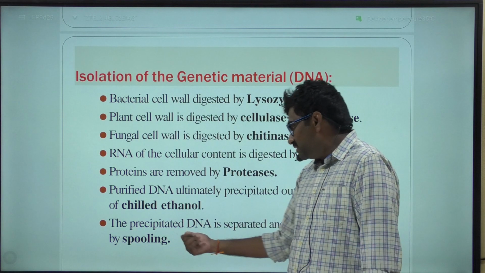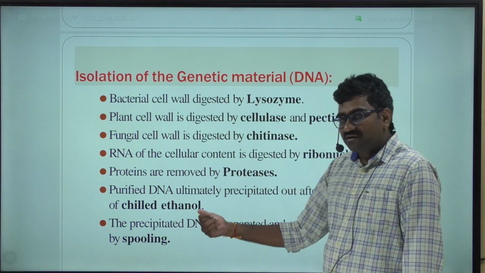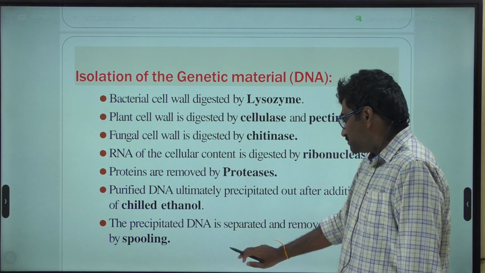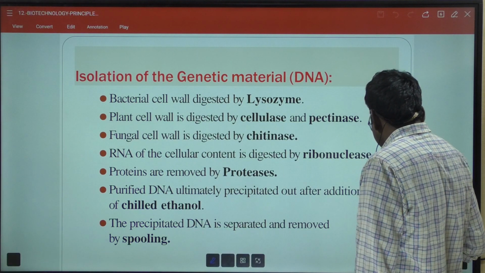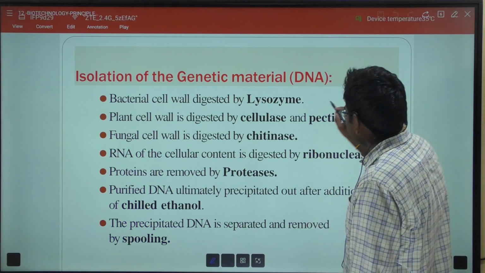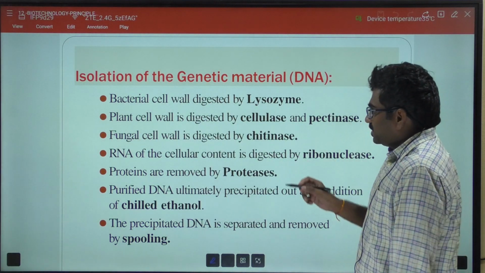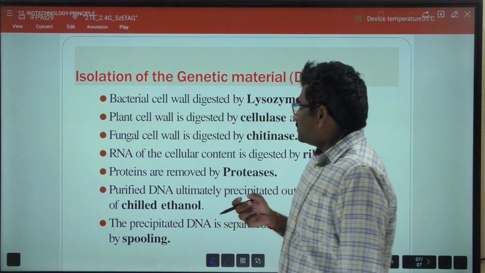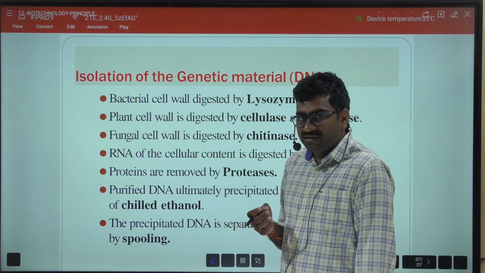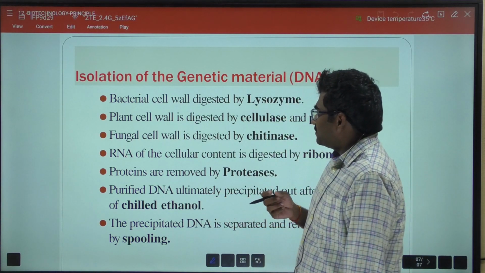The precipitated DNA is separated and removed by spooling. Right? In order to cut the DNA, the DNA must be available in pure form.